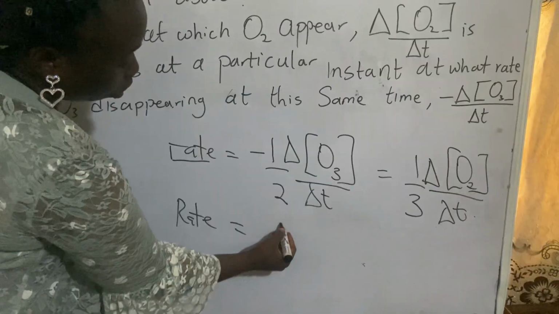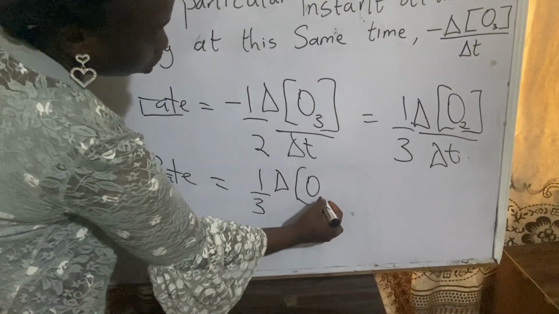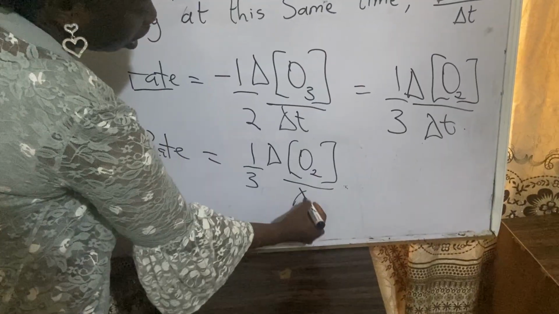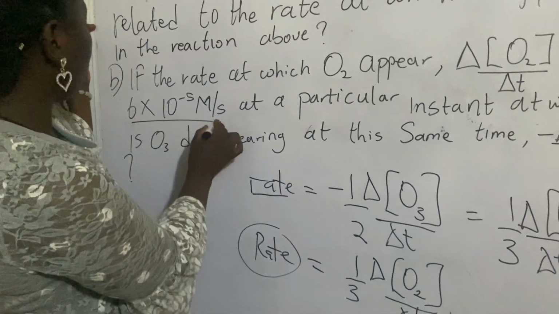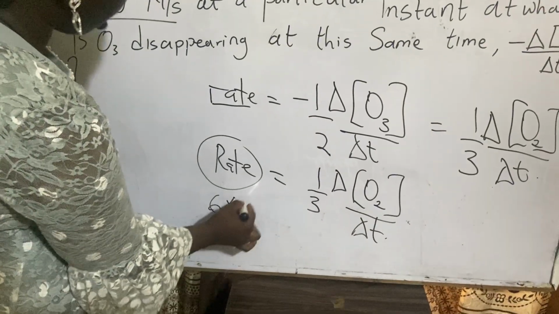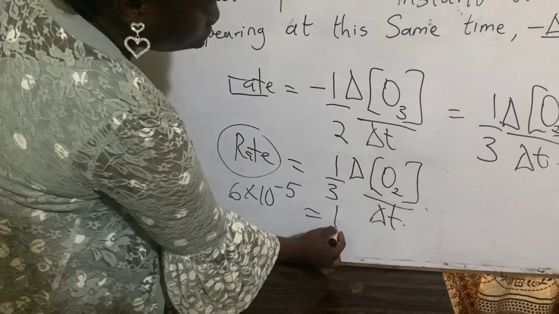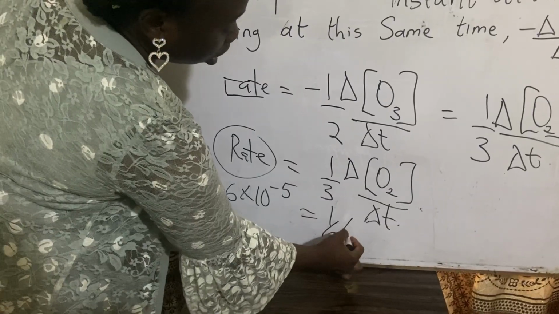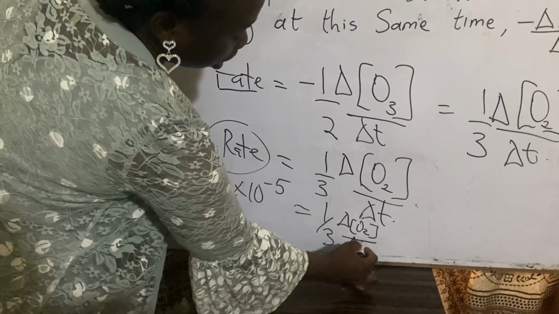Oxygen. Rate is equal to 1/3 change in concentration of oxygen all over change in time. So this rate is given to us as 6 times 10 raised to the power minus 5.